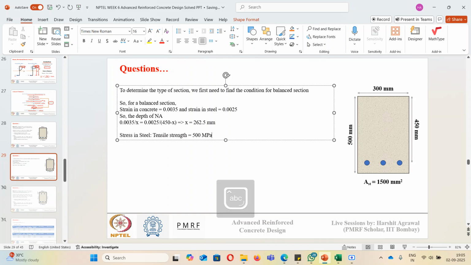The total tensile force will be 500 times AST, whatever area of steel it has. AST is right now unknown to us. Now how to find AST? We know one more condition: the total tension force is equal to the total compression force. So we need to calculate the compression force.